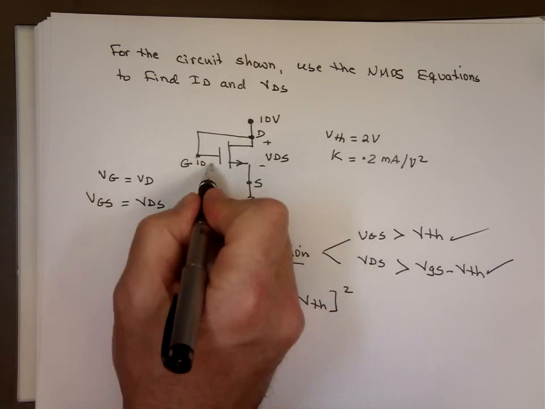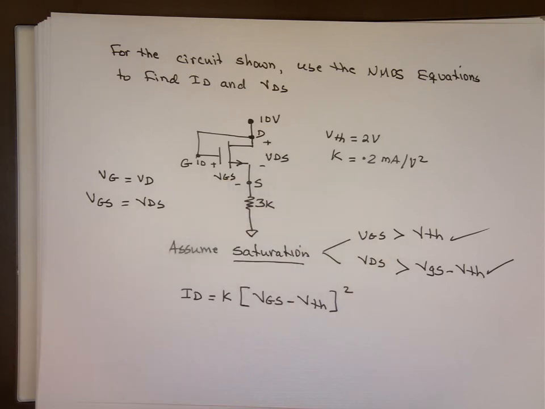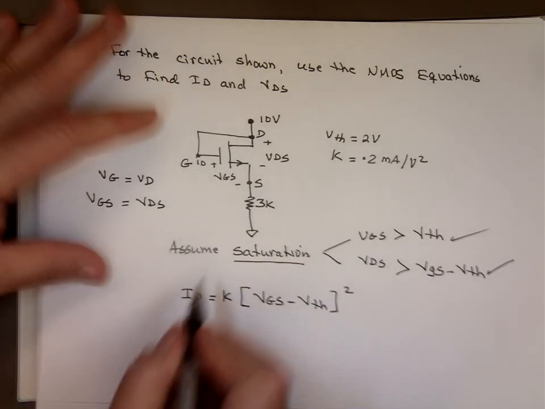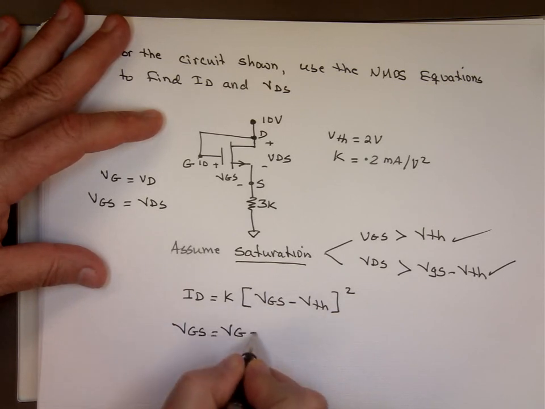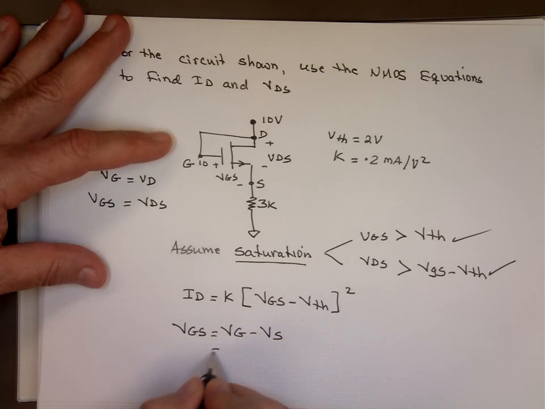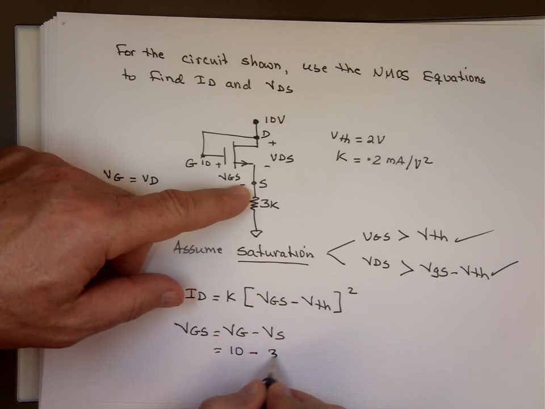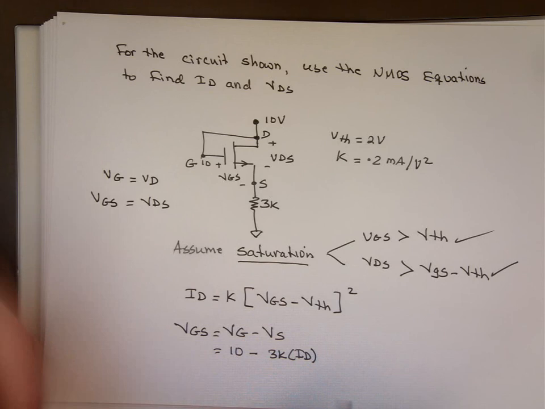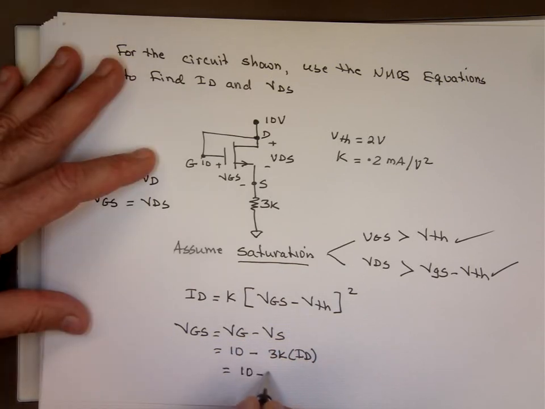So VGS is right there. So let's look at the math. VGS is equal to VG minus VS. VG here is 10. Take away VS. What's VS here? 3K times I sub D, and I sub D is in milliamps. The millis and Ks will cancel. That's 10 minus 3 I sub D.